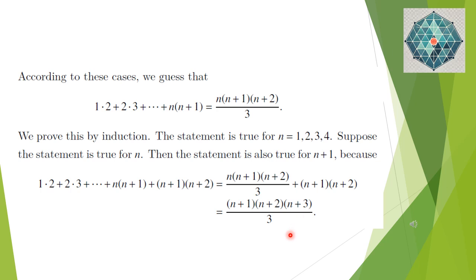Therefore, the sum equals 100 times 101 times 102 divided by 3, which equals 100 times 101 times 34, giving 343,400.